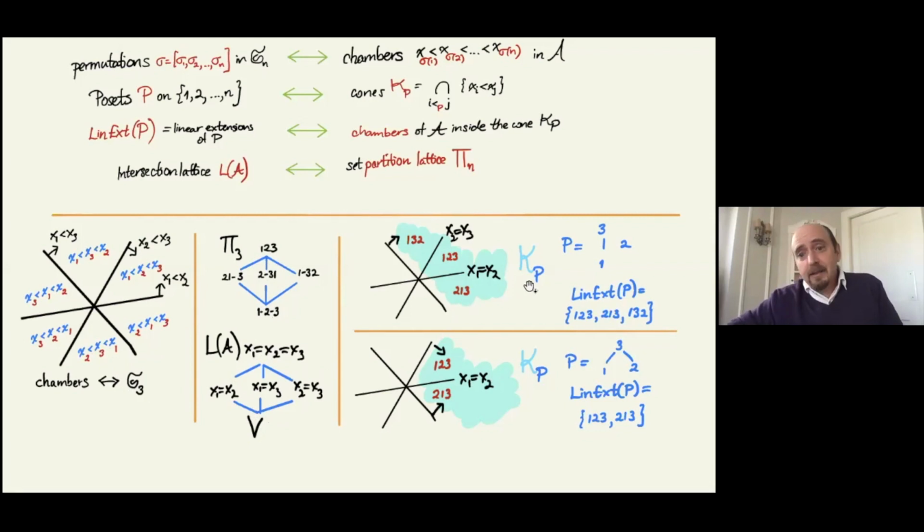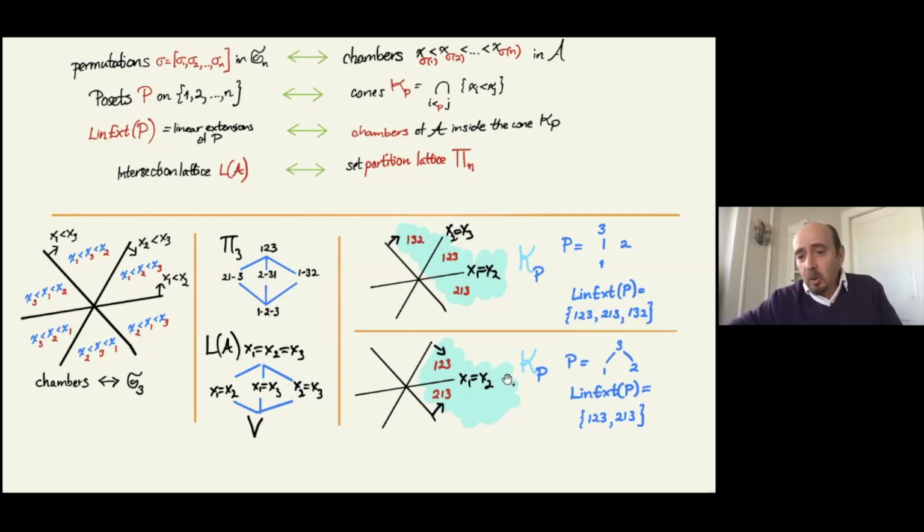And then the cones, well, if I only impose this half space condition that x2 is less than x3, I think of that as coming from the poset in which 1 is less than 3 and the 2 coordinate is unrelated. Or in this cone, I intersected the half space where x1 is less than x3 and where x2 is less than x3.